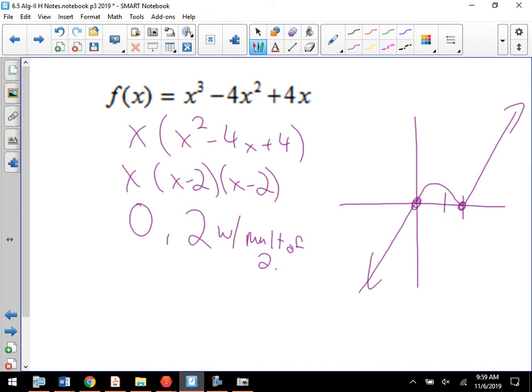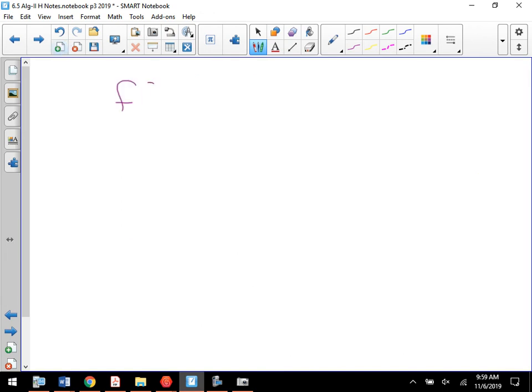No, if it's an odd multiplicity, it just goes through it. Remember, guys, if it's an odd multiplicity, it just goes right through it. It can be an odd multiplicity of 5. It just goes through it. So if you think about, we did this.